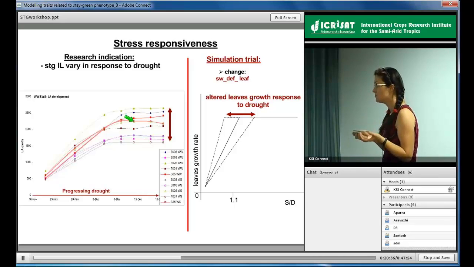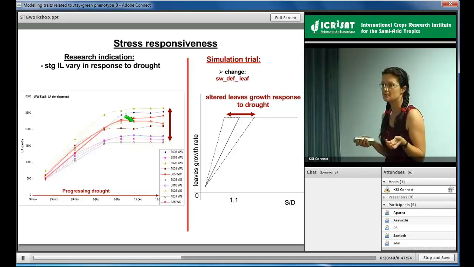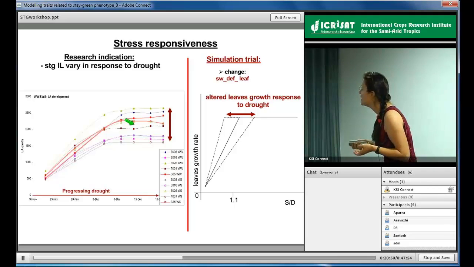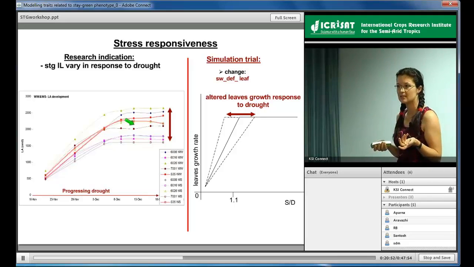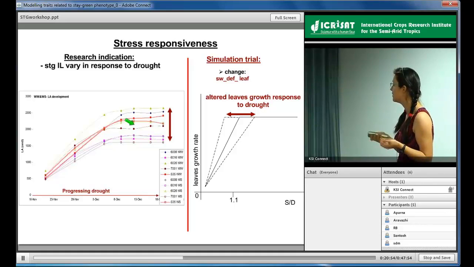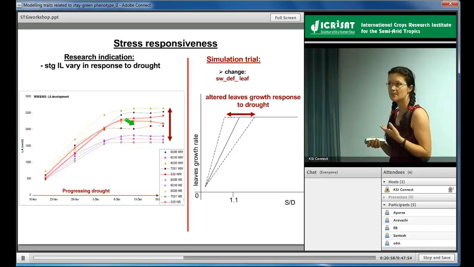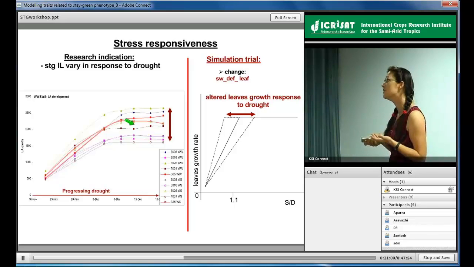Apart from that, at first look, you can see that our genotypes are very different in the maximum leaf area they attained. And then we have another sort of variability. You see the first one is this red genotype, which is S35. It's our senescent background or senescent parent, which actually develops very similar amount of leaf area regardless of water treatment.